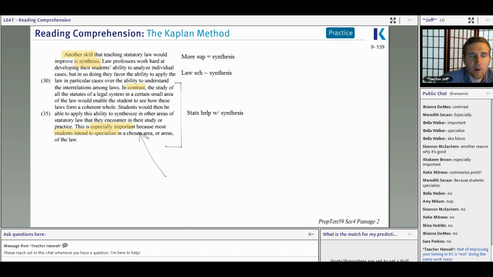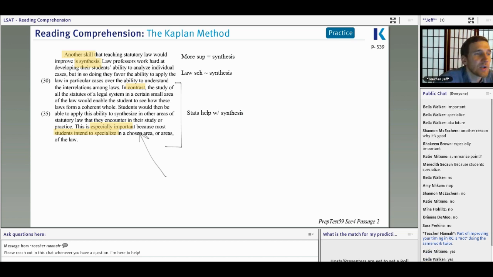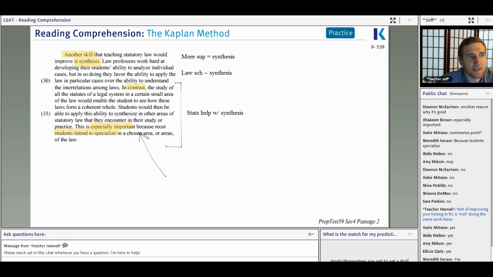Do we know from this passage that the author thinks including statutory law training is important? From what we've read so far, is that something we know? Yeah. So if you just highlight "especially important," that's not doing anything for you, right? We already know the author thinks that. The only value in marking that would be what?